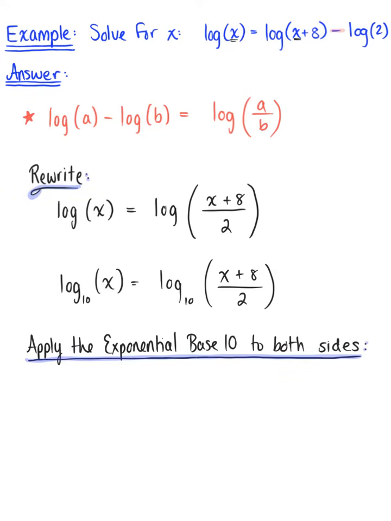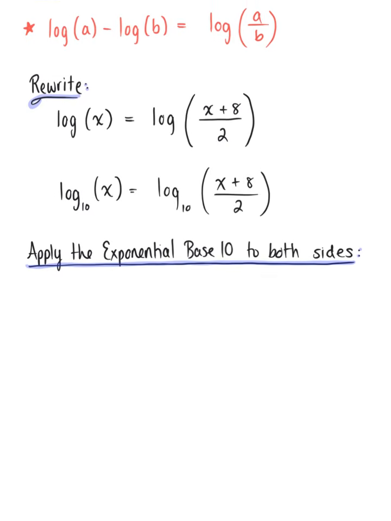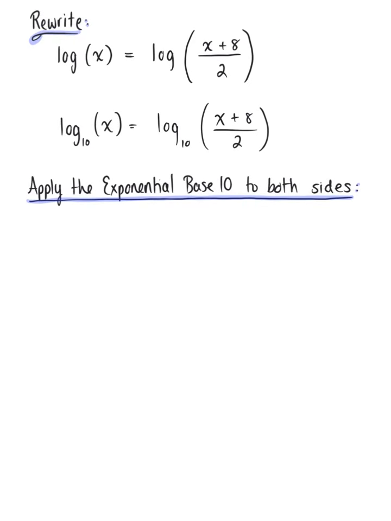And let's give ourselves a little bit more room here. So applying the exponential base 10, this expression now becomes 10 raised to the log base 10 of x is equal to the exponential base 10 raised to the logarithm base 10 of x plus 8 divided by 2.